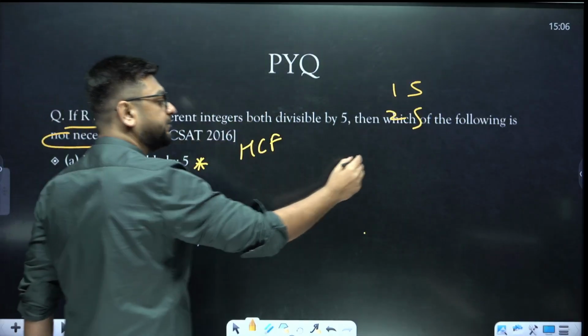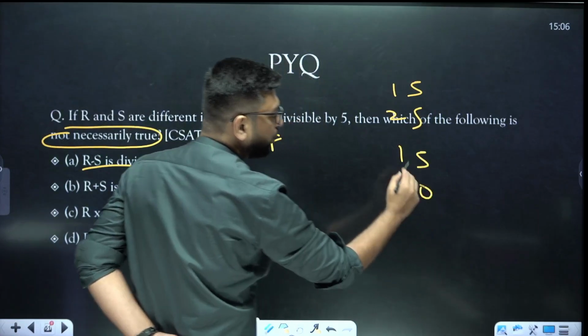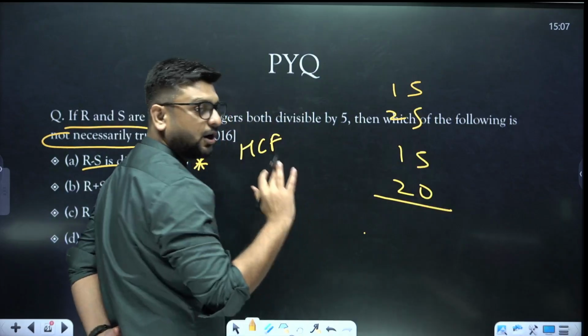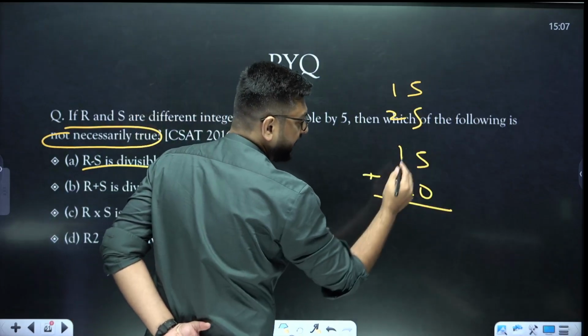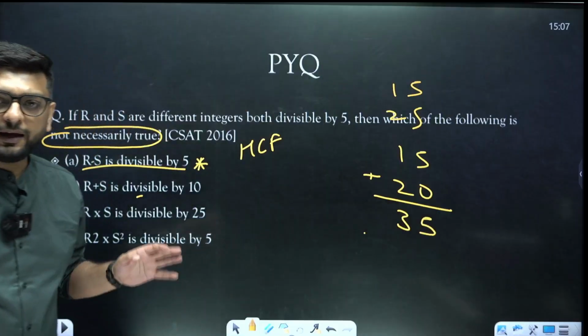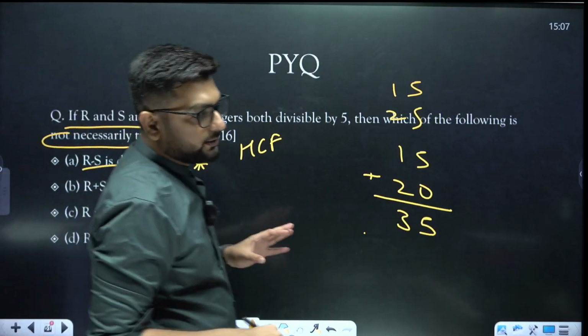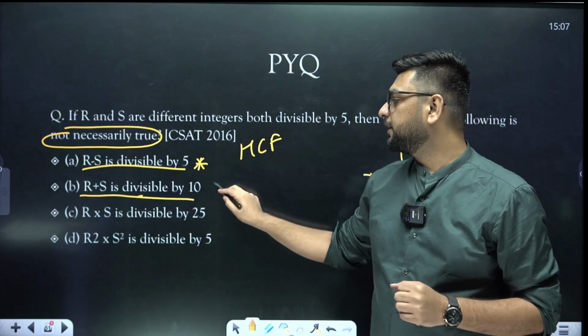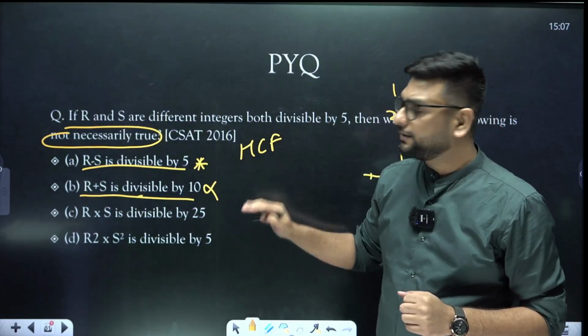But if I am taking 15 and 20, both of them are divisible by 5, but when I add them, this will come as 35, and it is not divisible by 10. So that means the second statement, R plus S is divisible by 10, is not necessarily true.